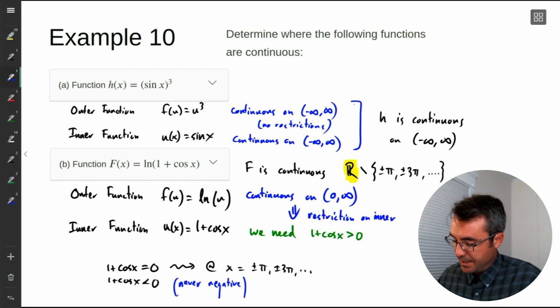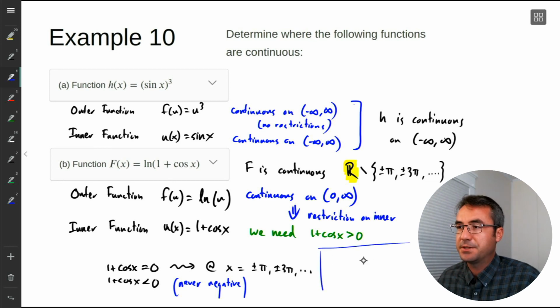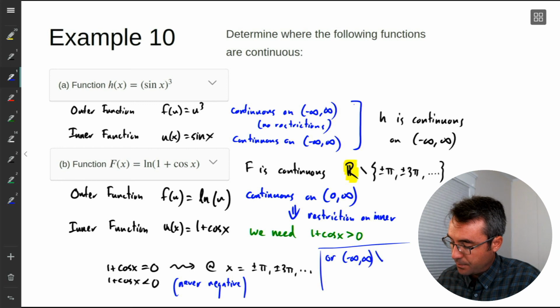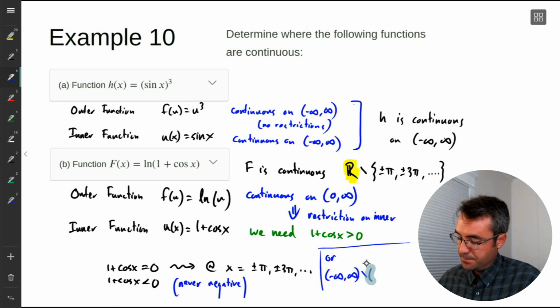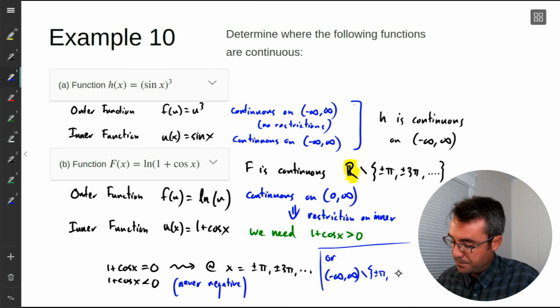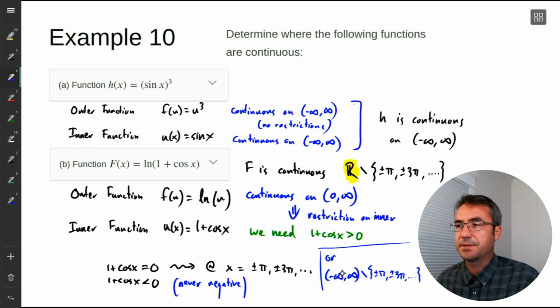Another way is minus infinity to infinity, where we throw out these x values, plus or minus pi, plus or minus 3 pi, and so on. There are too many x values that we're throwing out to list, so let's just write it like that. There are probably more ways to write this, but that's fine.